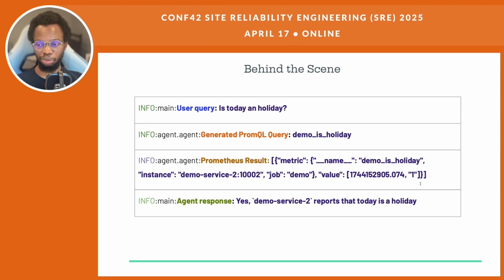And as such, based on that interpretation, it is able to reply to the user query in natural language saying, yes, based on the data from demo service 2, the value is 1, that means that today is a holiday. So this is essentially what's going on behind the scenes in the case of the first question.